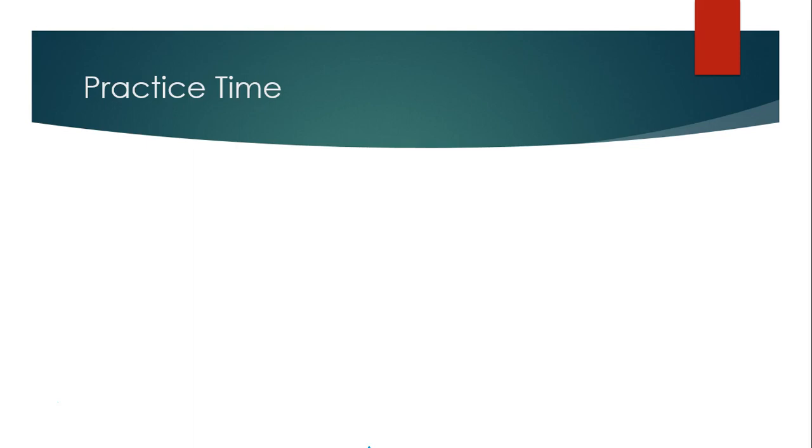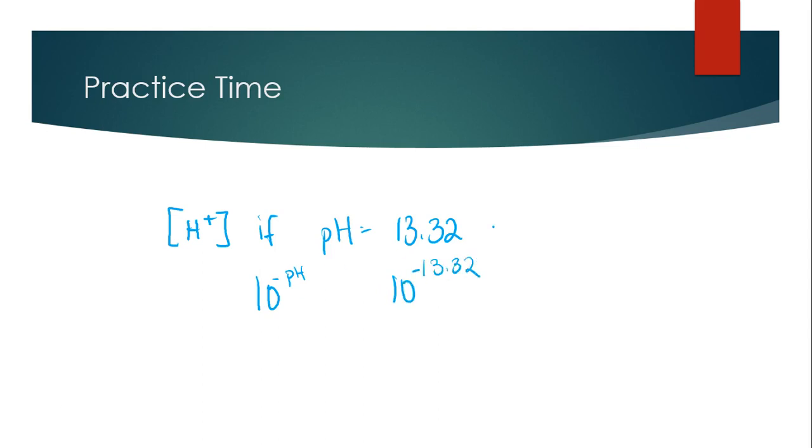So, it's practice time. Now, one of the things that I did on your practice that I didn't include any examples of is if it asks you to find the concentration of H pluses if you have a pH of 13.32, then you use the formula on your paper that says it's 10 to the negative pH. So what you put in your calculator is 10 to the negative 13.32.